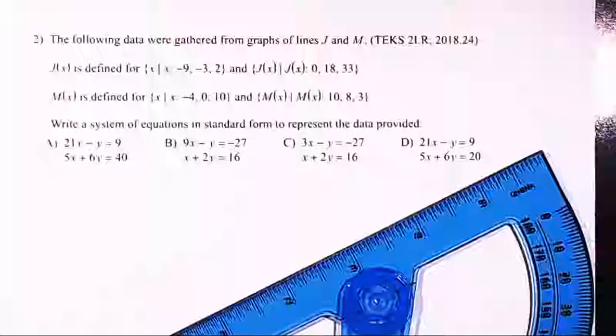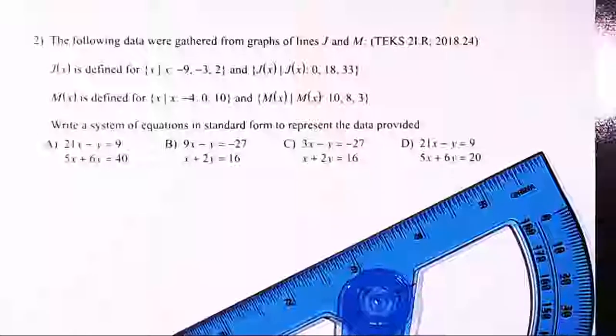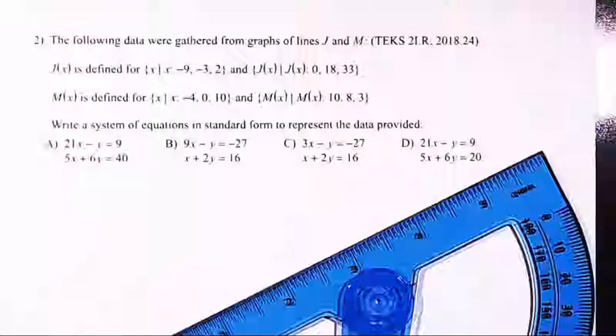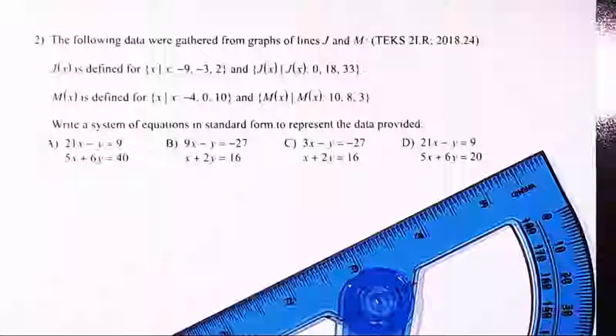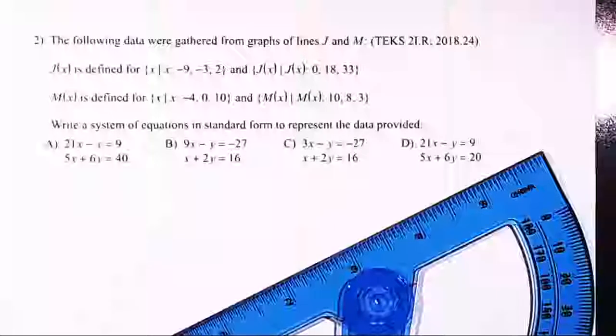M of X is defined for all values of X such that X is -4, 0, and 10, and M of X is 10, 8, and 3. Write a system of equations in standard form to represent the data provided.